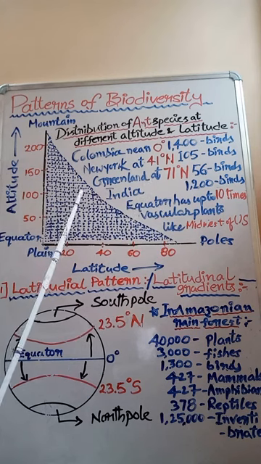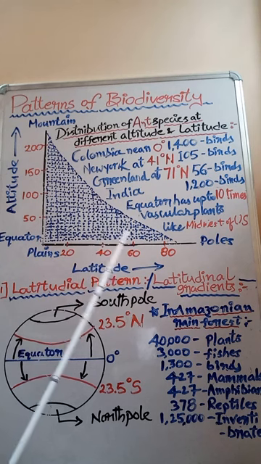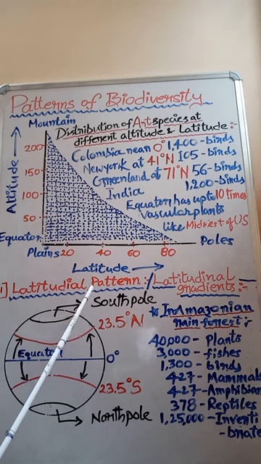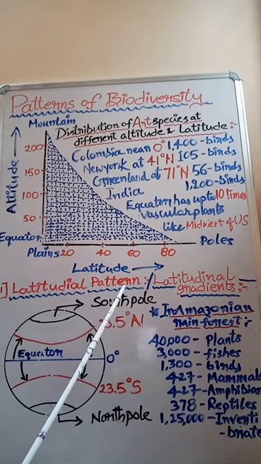Okay, now this distribution is arranged in different patterns. Those patterns are popularized in two methods. The first method is the latitudinal pattern. The second one is the species area relationship. Now in the first pattern, the latitudinal pattern, we can understand one important point.